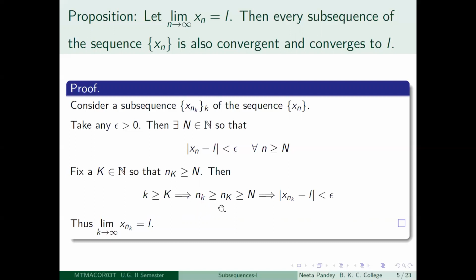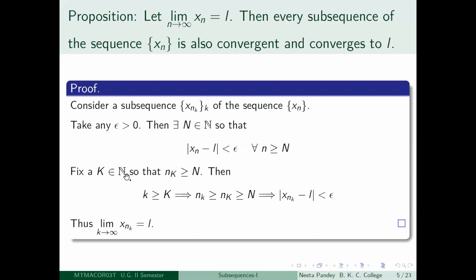So n little k will be greater than or equal to n capital K, and n capital K is greater than or equal to capital N. So n little k is a positive integer which is greater than or equal to capital N. So it means that mod of x_{n_k} minus L is less than epsilon.